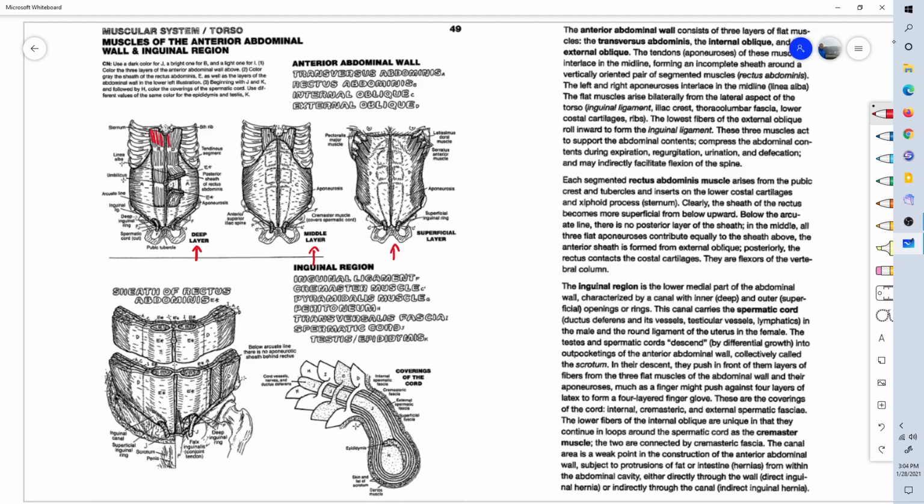They have a name called the rectus abdominis. Rectus is a term in Latin that means straight. Anytime you hear the word rectus, you should think straight.